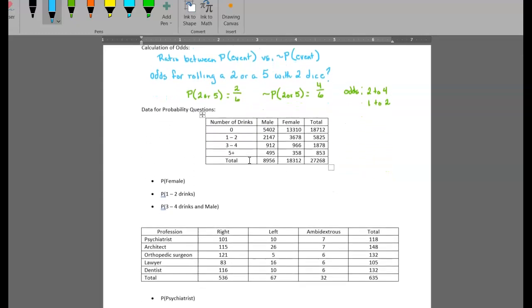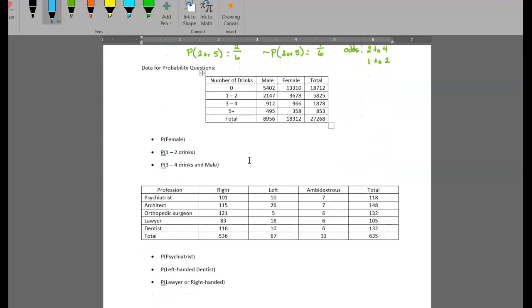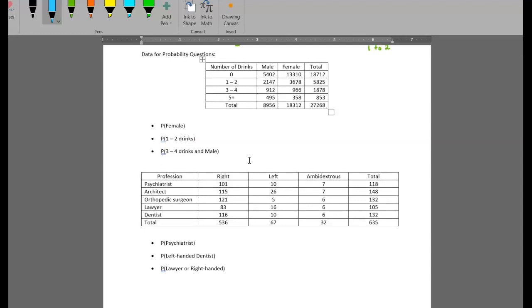So now let's look at some tables. We've looked at some tables already, so let's look at tables in terms of probability. We've done this a little bit, but we haven't talked about the ands and the ors so much. So the probability of female: we're looking at the total number of females out of the total.